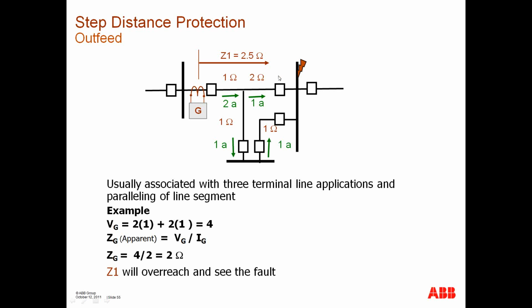And where this parallel combination right here reduces the ohms of this segment to the fault significantly to make the fault appear much closer than it actually is. So you just have to watch for conditions where this external branch can reduce the apparent ohms in this region to something lower than what it actually is.